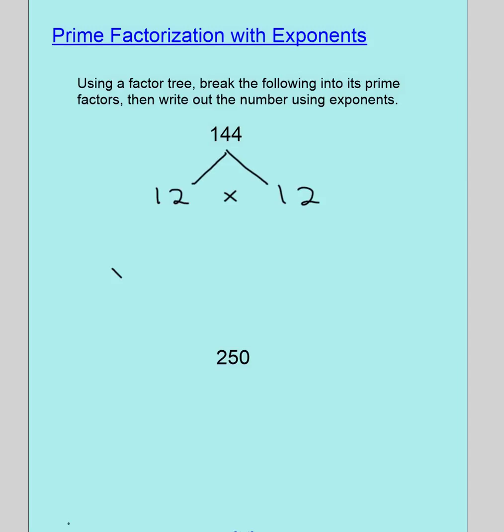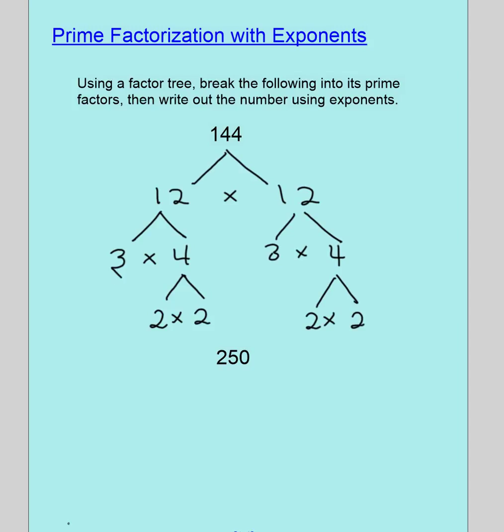And then you keep breaking those down until you're only left with prime factors. And then if you want, you can bring down your prime factors all to the same level. That is what 144 is going to be equal to. It'll be equal to 3 times 2 times 2 times 3 times 2 times 2.